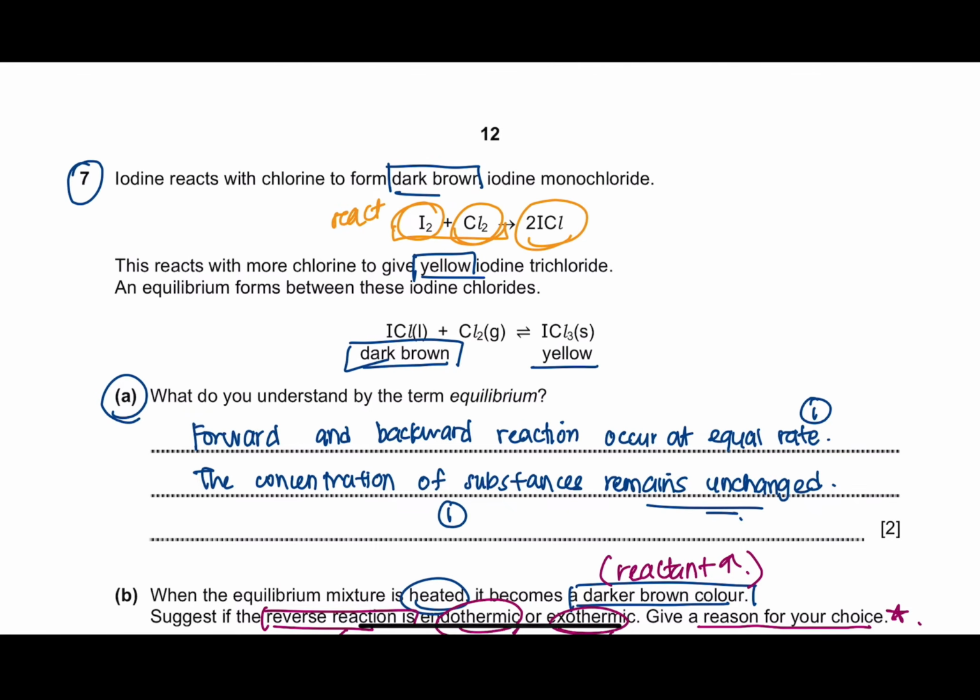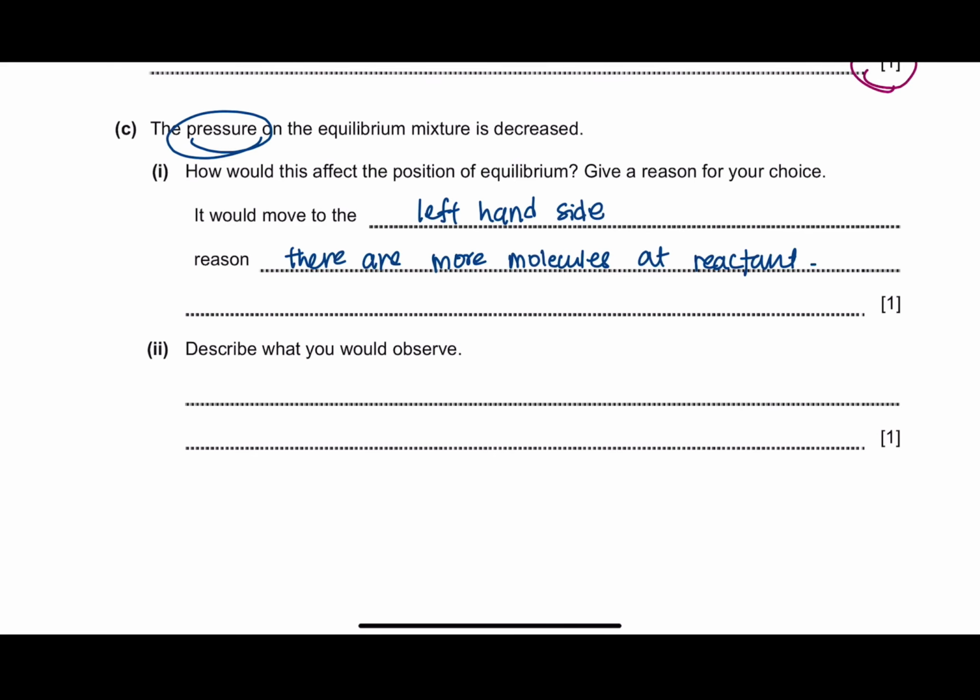However, for your iodine chloride, you only have 1 molecule of iodine chloride here. This means that your reactant has more moles compared to your product. So if you decrease the pressure, it will move to the side of more molecules, which is your reactant. So the reason is that it would move to the left because there are more molecules at the reactant.